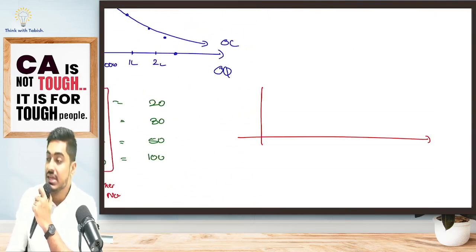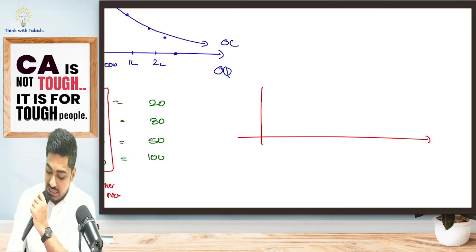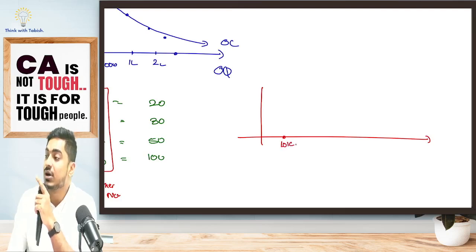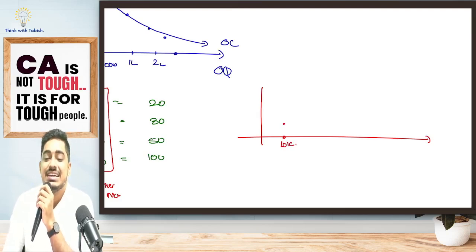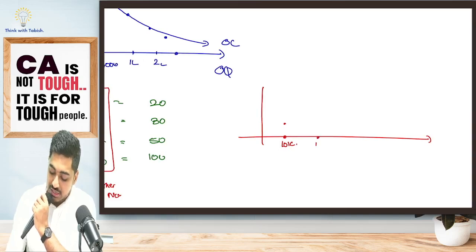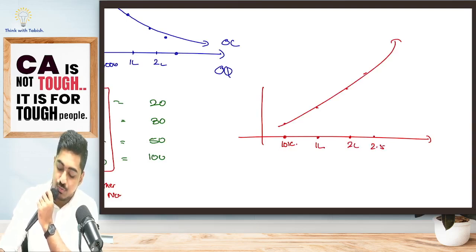Look at this, everyone. Tell me, when my ordering quantity is 10,000, what is my carrying cost? It is some 500 rupees if I am not wrong. When my ordering quantity is 1 lakh, how much is it? 5,000. When it is 2 lakh, 10,000, 2.5 lakh, 12,500. So it is upward sloping.